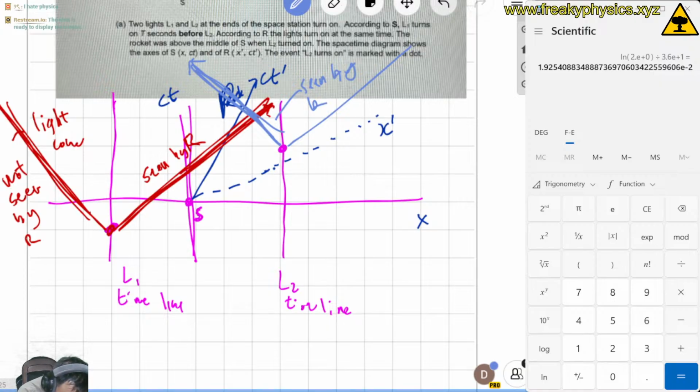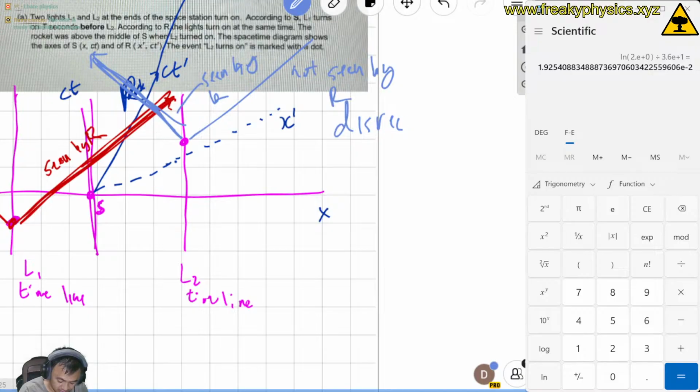Now, if you look at the CT graph, there's no way that this is gonna be seen, not seen by R, right? Because there's no way they're gonna intersect. So that's why we will disregard this, and disregard this one, because it's not gonna be predictive, at least for R.